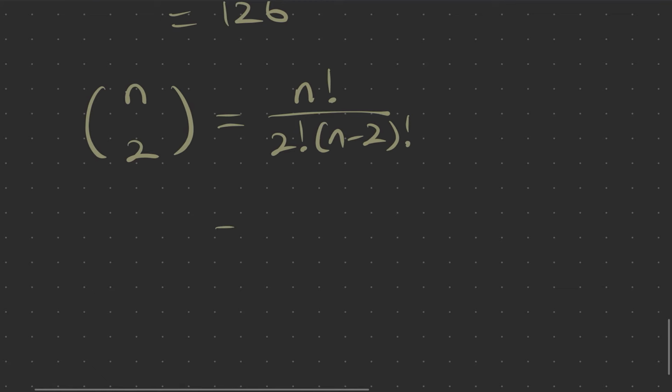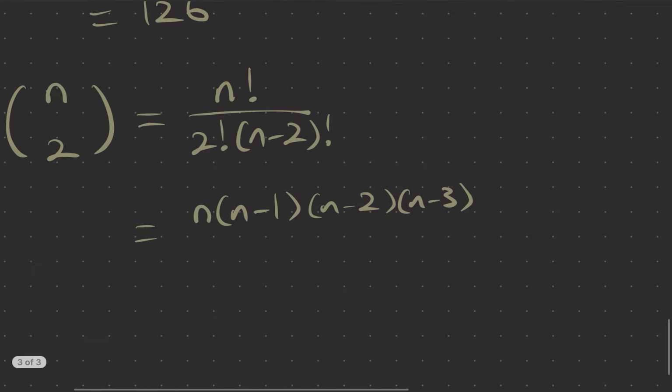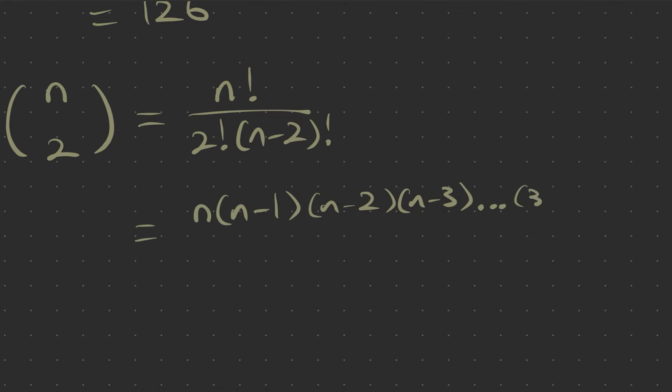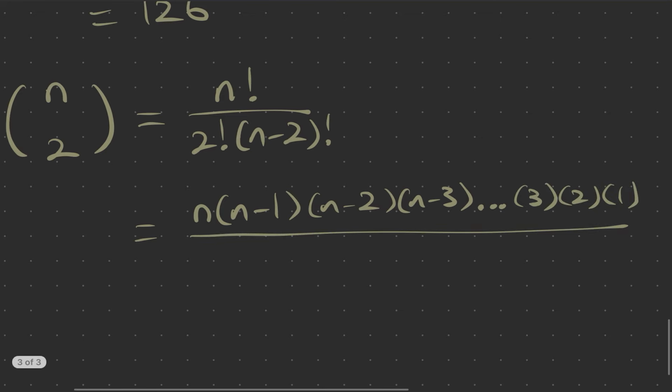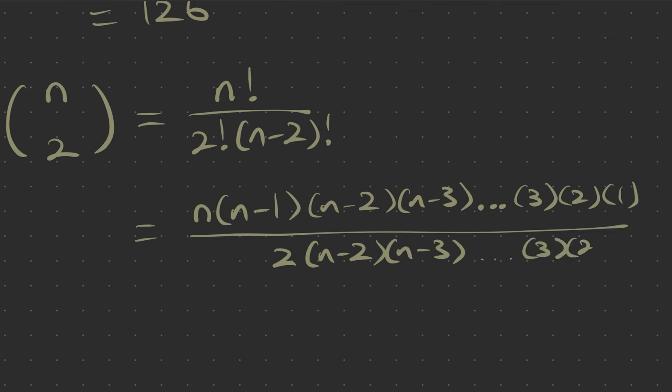And if we work this out, we'll just get n times n minus 1 times n minus 2 times n minus 3, and so on, 3, 2, 1, over 2 factorial, which is just 2. And n minus 2 factorial is just n minus 2 times n minus 3 and so on all the way to 3, 2, 1.